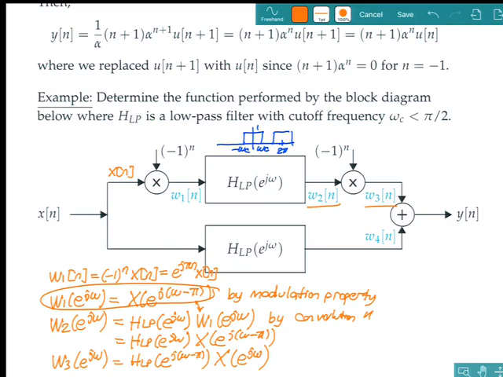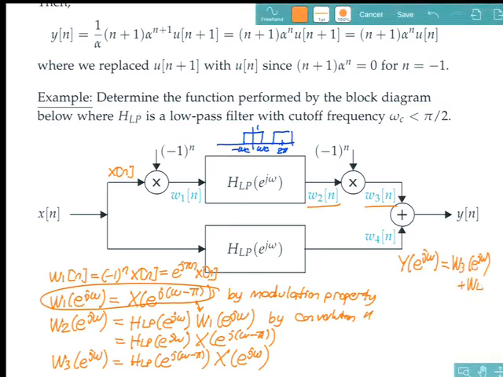But I'm asking more than that. I'm asking what is Y? How is Y related to X? Y is W3 plus W4. So Y of e to the j omega is the sum of the two.